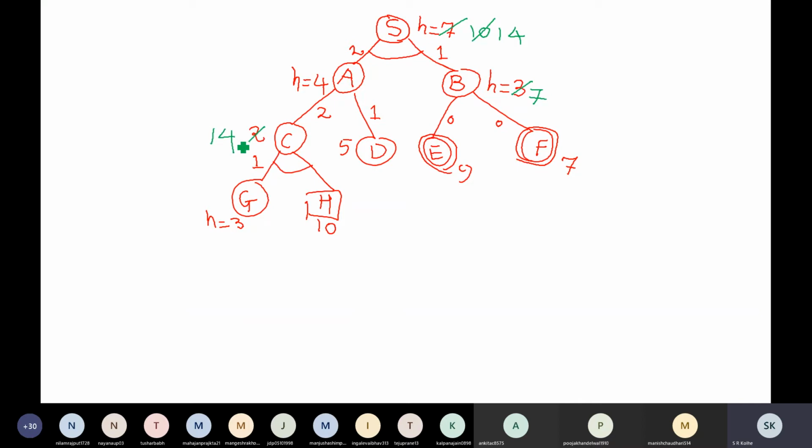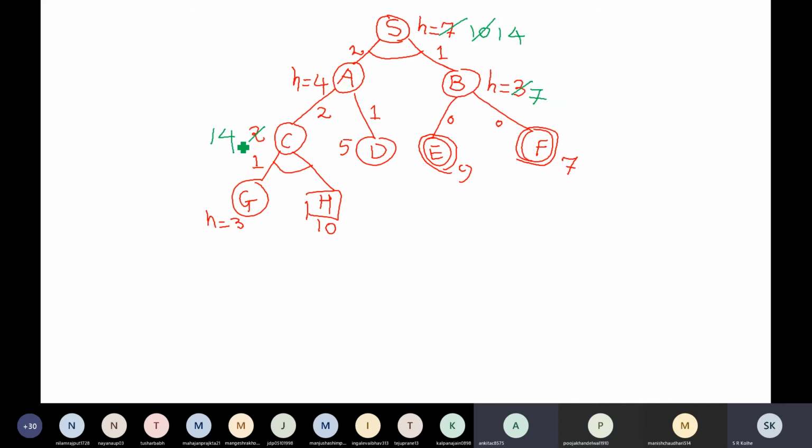Since the cost associated with C is 14, what to do next? Select D and explore it.